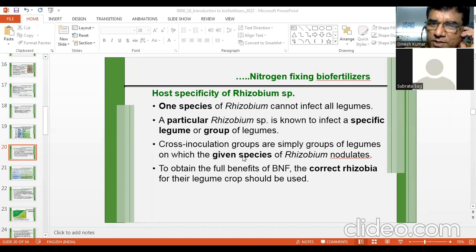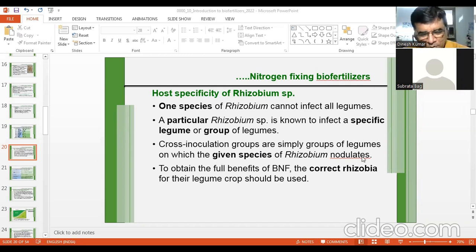So cross inoculation groups are simply groups of legumes on which the given species of rhizobium nodulates. Means there may be 2 crops, 3 crops, 4 crops. These are cross inoculation, means one's rhizobium can go to other.